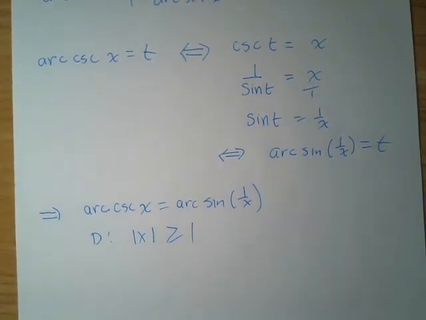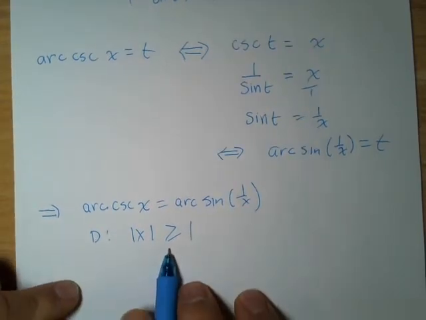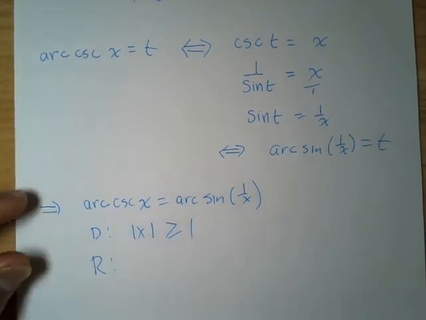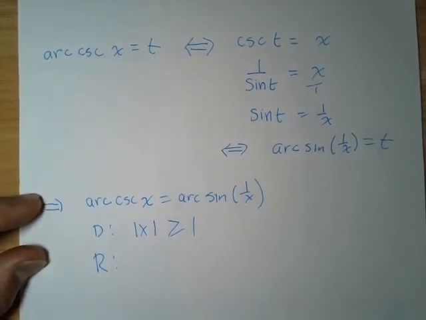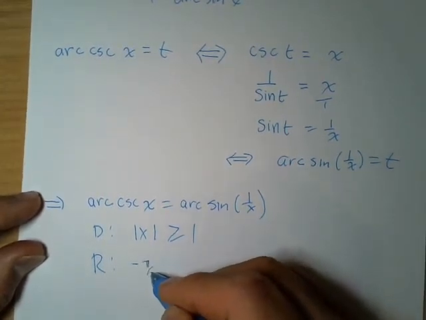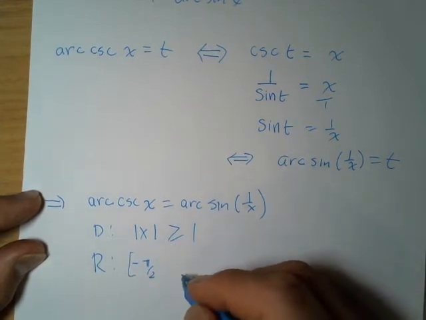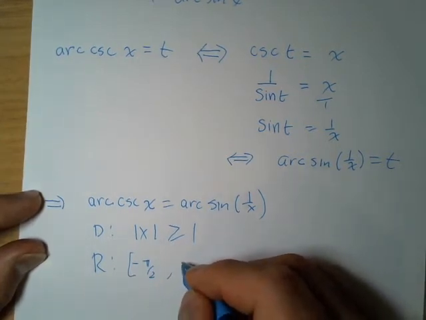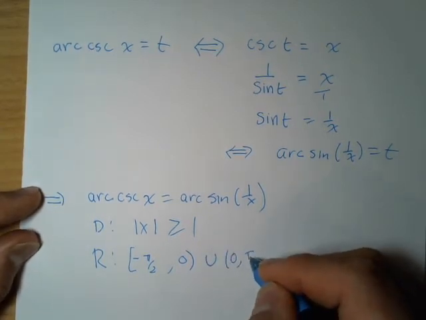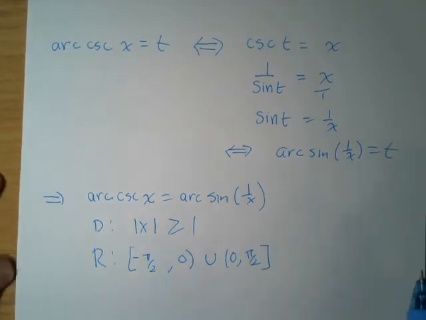Remember the graph of the cosecant, the one that breaks up and goes from 1 to infinity and from negative 1 to negative infinity. Hence the flip of the inequality. The range is also a bit different. Notice for the sine, it's between negative pi over 2 and pi over 2. But when we take a reciprocal, 0 is in there, so we cannot have 0. The range is going to be from negative pi over 2 to 0, union with 0 to pi over 2.